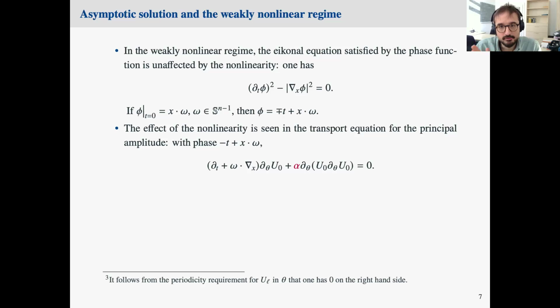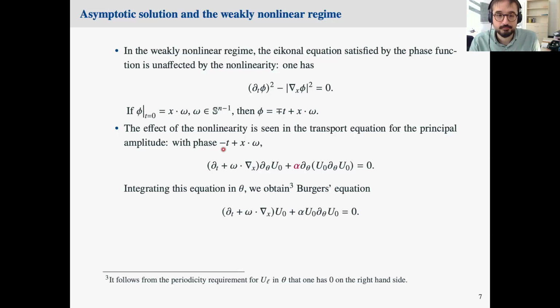And the effect of the nonlinearity is seen in the transport equation for the principal amplitude. And actually, the principal amplitude satisfies a Burgers' equation after you integrate it in theta. It satisfies a Burgers' equation which we saw before.